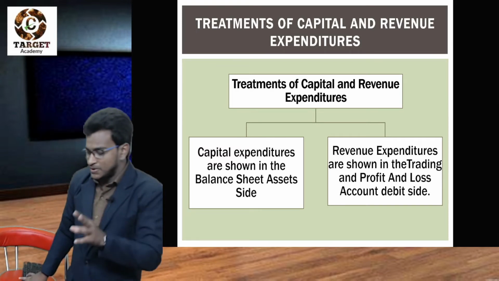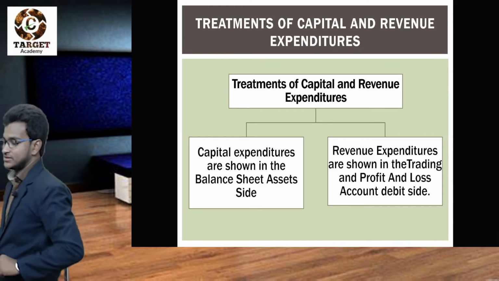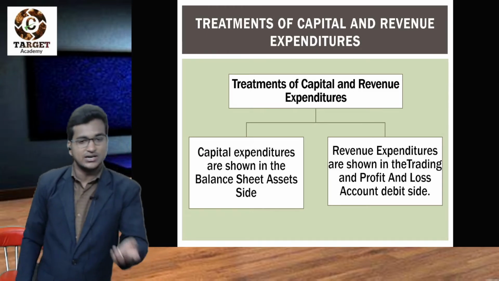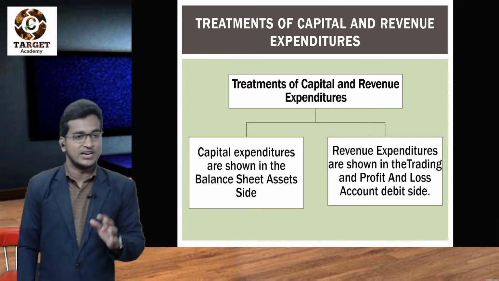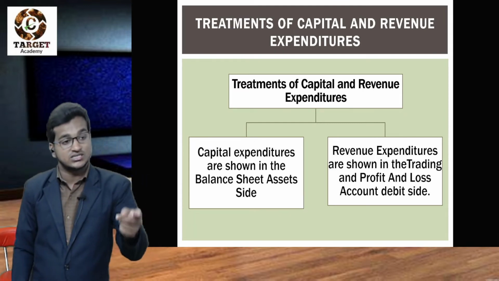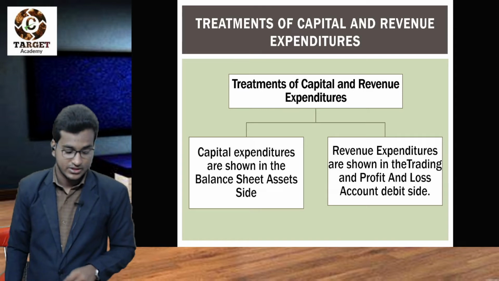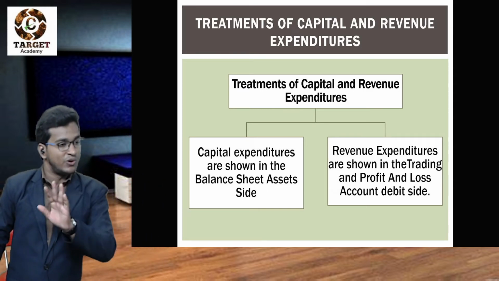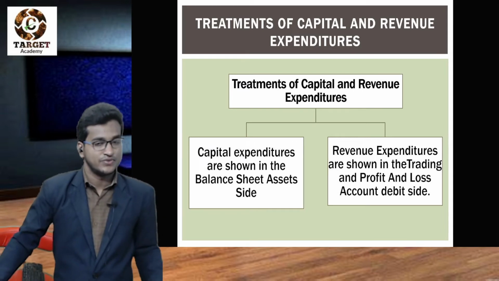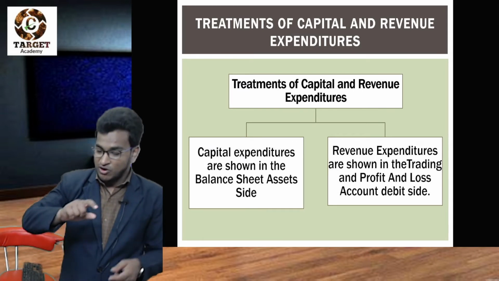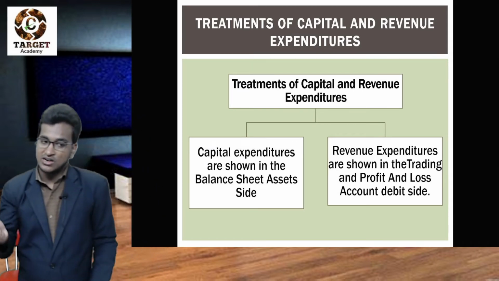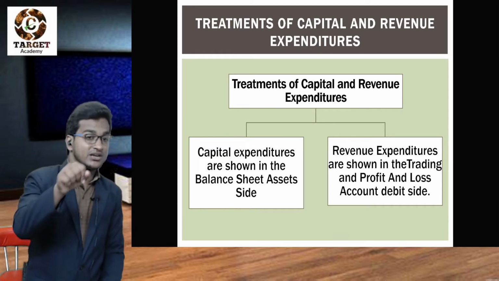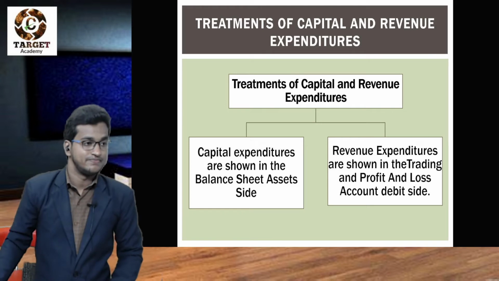So capital expenditure is nothing but asset. Because this is an asset, it will come under the asset side of the balance sheet. If you take revenue expenditure, it is not an asset, it is my expense. Because this is expense, it will come under the profit and loss account or the trading account debit side.